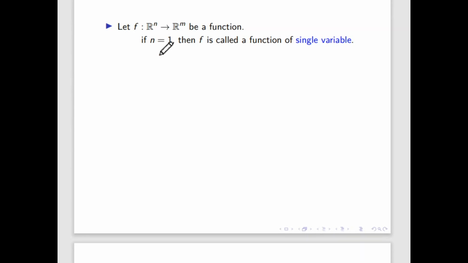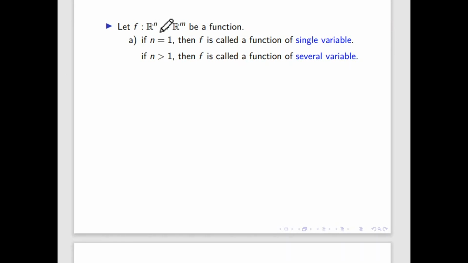But when N is greater than 1, it is called several variable or multivariable. Now we will see how to deal with limits in several variables, continuity, differentiability, maxima and minima, and how to integrate also. All those questions are the second part of this course.